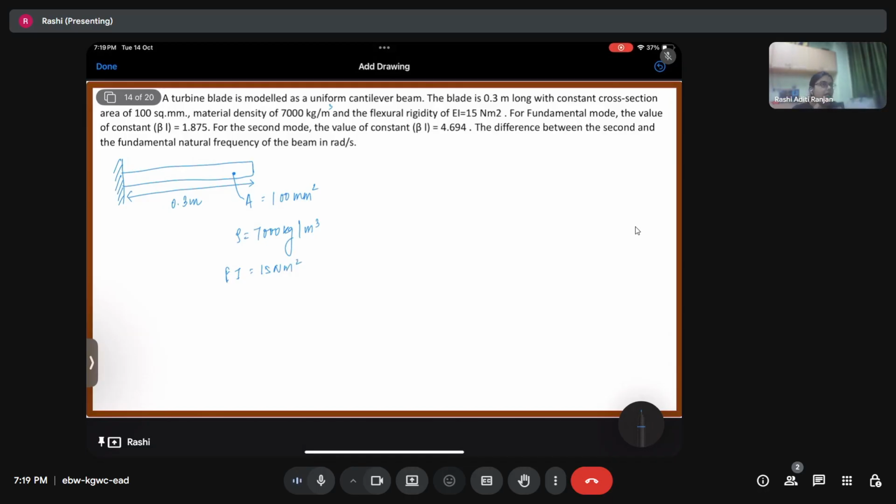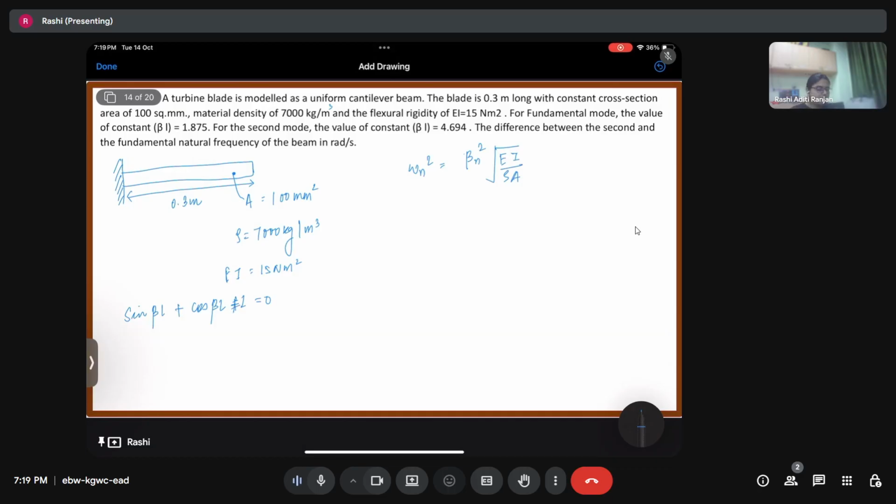If you remember, for a cantilever beam we get the expression omega n is nothing but beta n square under root EI by rho A. There was this expression, as far as I remember, sin beta L plus cos beta L equal to 1 or plus 1 equal to 0.